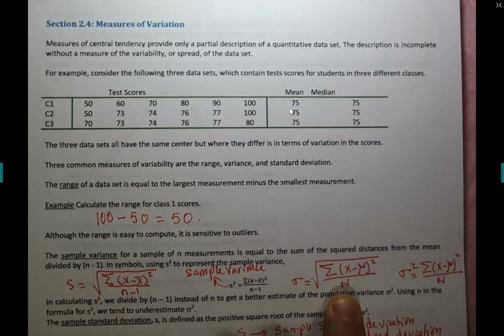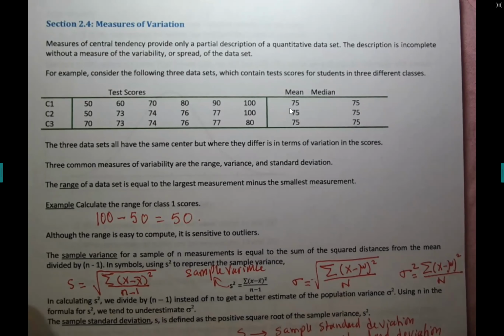How do you know whether you need to find the population or the sample standard deviation? If he gives you a sample, and 99% of the time it is a sample, then you will find S. But if he gives you a data set and tells you this is the population, then you find sigma.